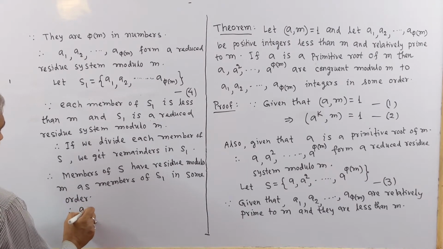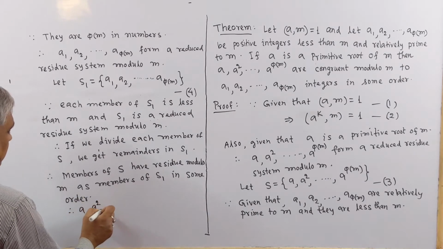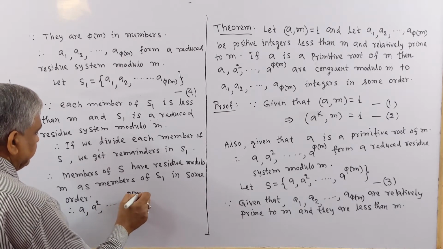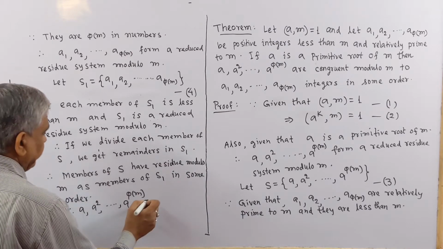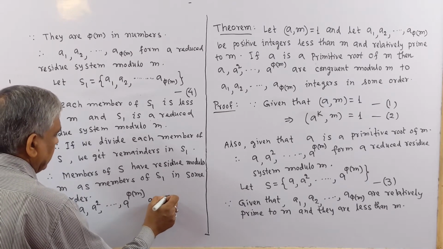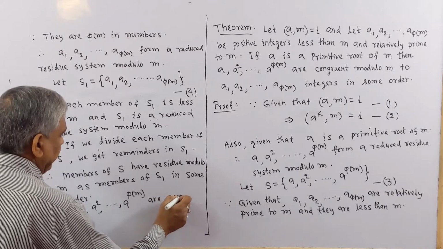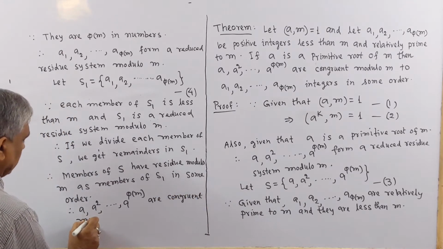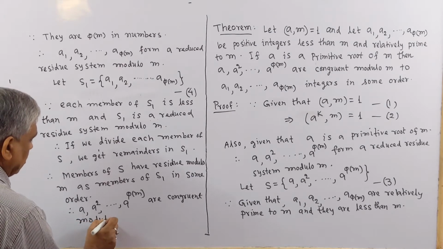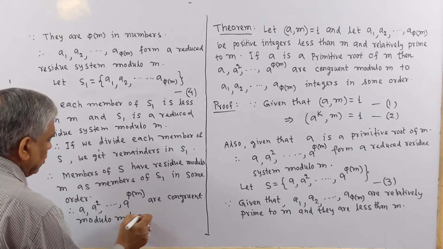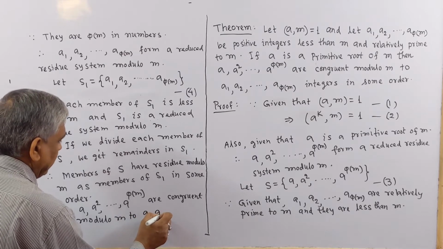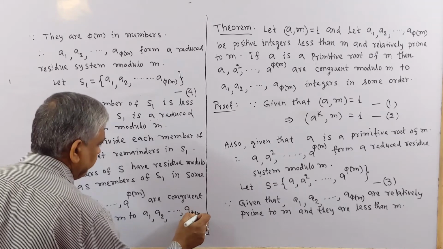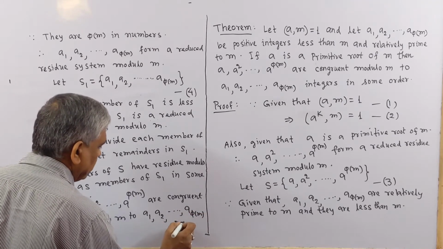Therefore, a square, comma, dot dot dot, a to the power phi m are congruent modulo m to a1, a2, comma, dot dot dot, a phi m. Proved.